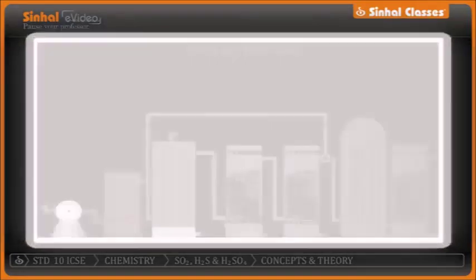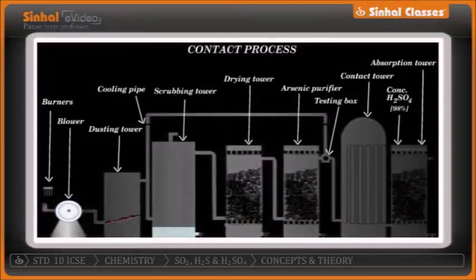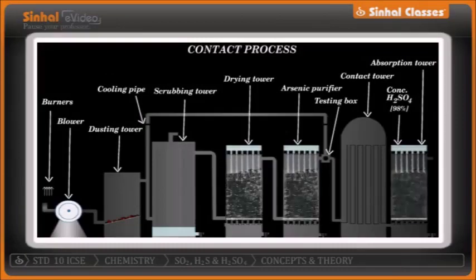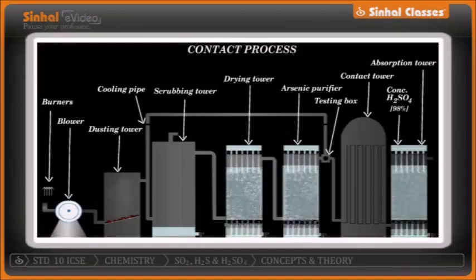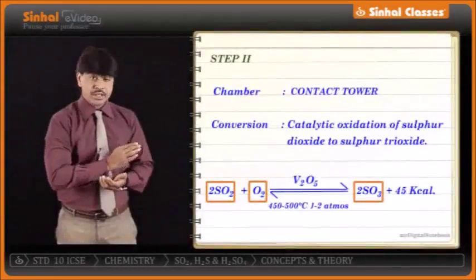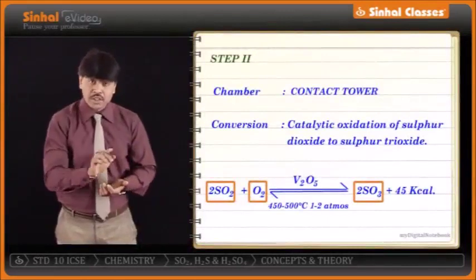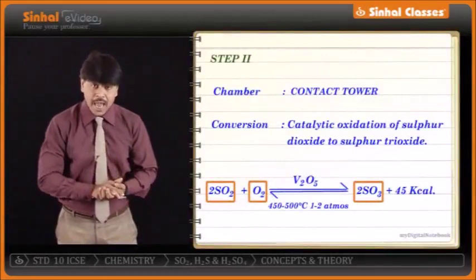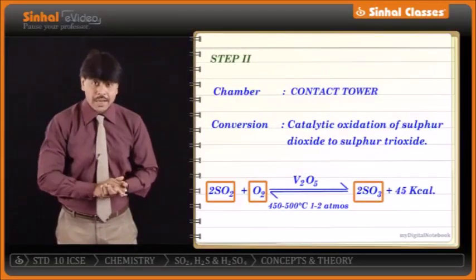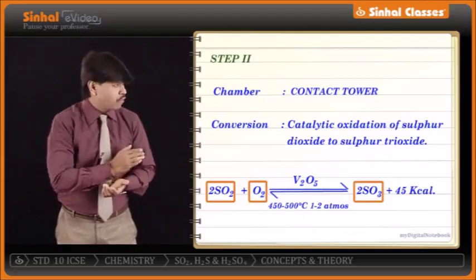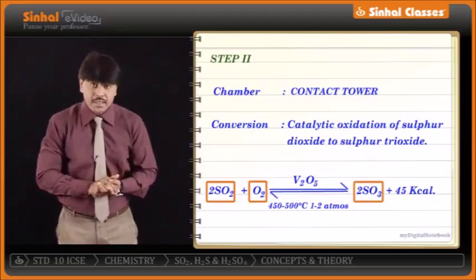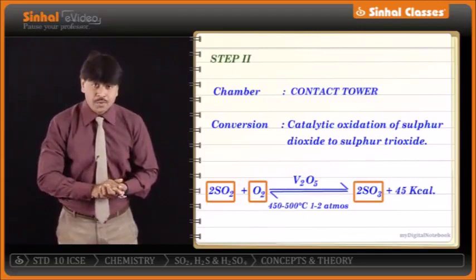Then next comes the purification tower. After the gas gets purified, it will enter into the contact tower. The next reaction takes place in the contact tower, that is 2SO2 sulfur dioxide gas plus O2, reversible, in presence of vanadium pentoxide, V2O5, as a catalyst, at 450 to 500 degrees Celsius, pressure 1 to 2 atmospheres.